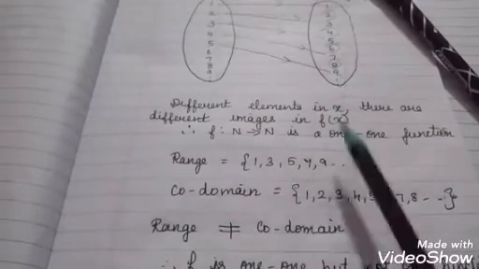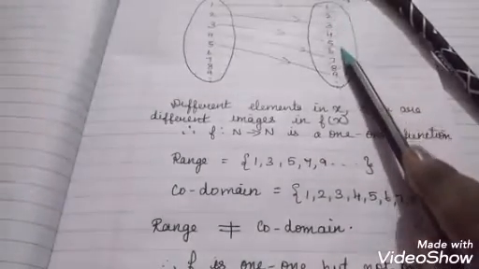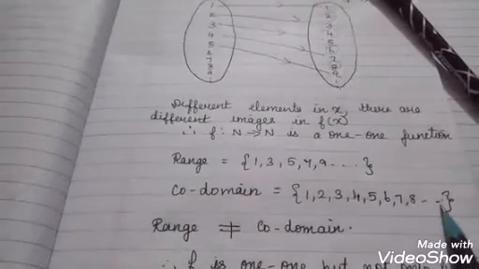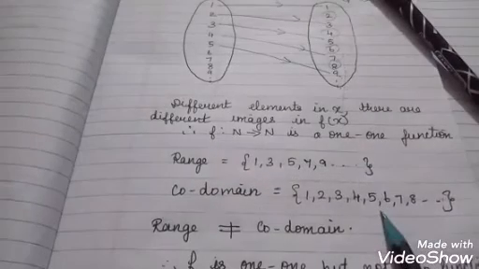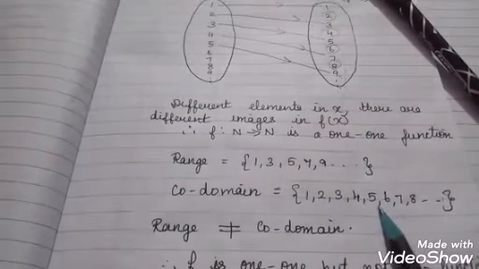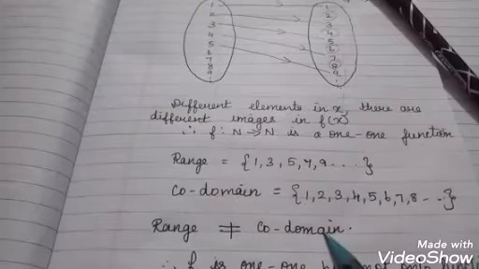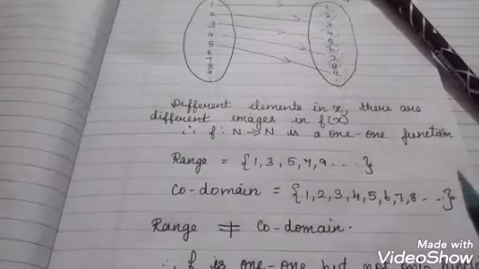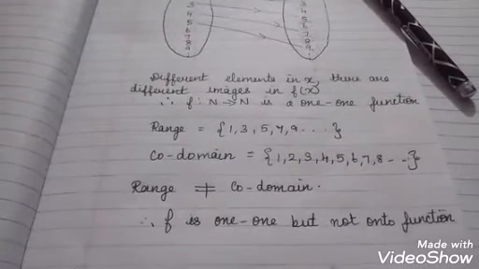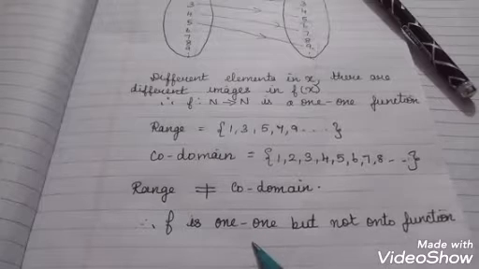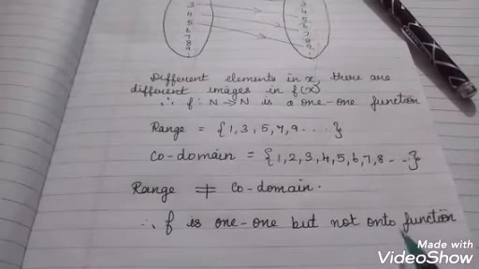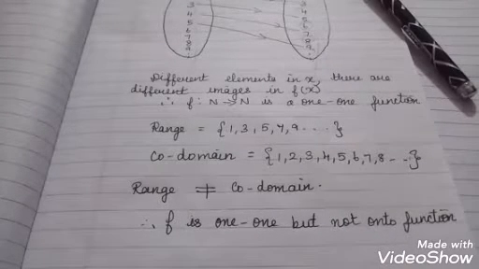What is the codomain? Codomain is 1, 2, 3, 4, 5, 6, 7, 8, 9, etc. It goes on. Is your range equal to the codomain? It's not equal. So if the range is not equal to the codomain, I can say that it is one-to-one but not an onto function.